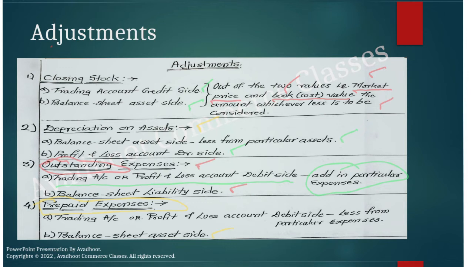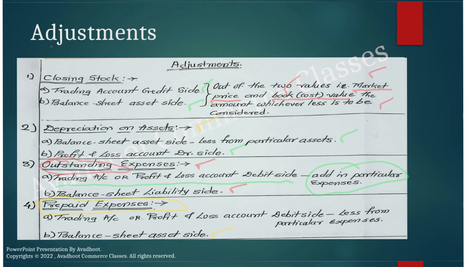Then you have to keep in mind that on the profit and loss account debit side, insurance in the inner column 12,000 less prepaid 3,000, outer column 9,000, and that 3,000 goes to the balance sheet asset side as prepaid insurance 3,000. Isn't it? This is a very simple example for prepaid expenses, that is trading account or profit and loss account debit side less from the particular expense, and balance sheet, that is asset side.